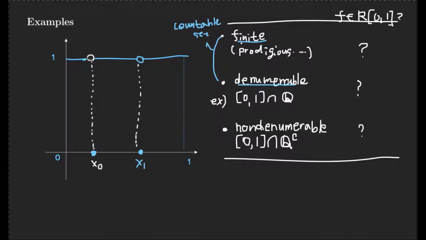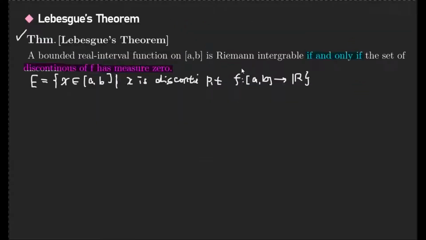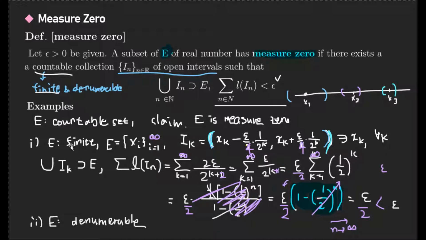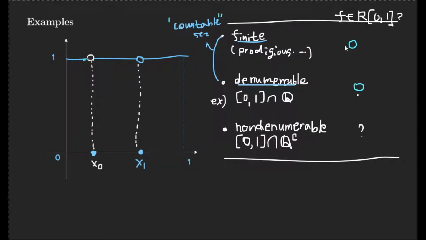If the discontinuous set is finite, even though the function may be discontinuous, it is Riemann integrable. And the denumerable case is also Riemann integrable. In fact, this is a countable set, and a countable set, as I already said, has measure 0.